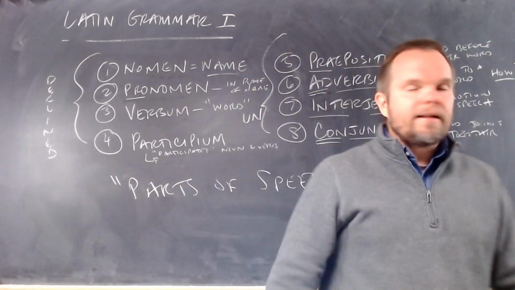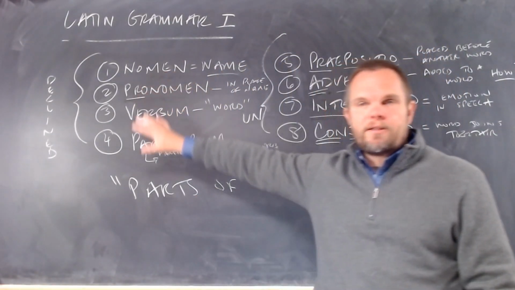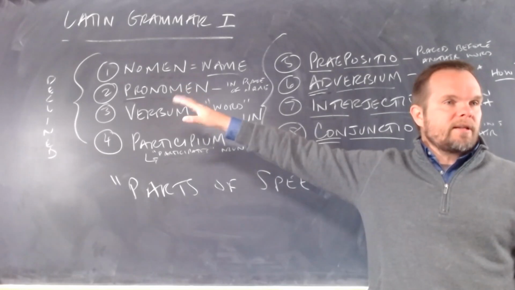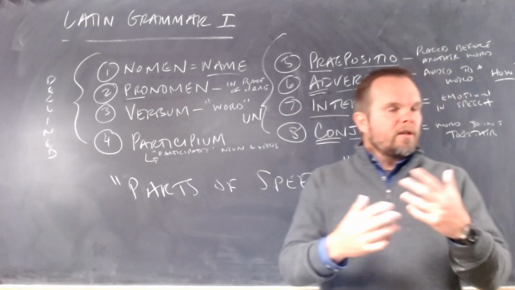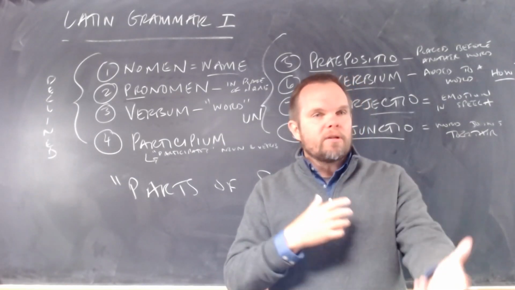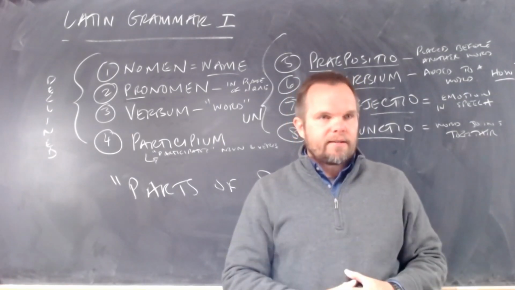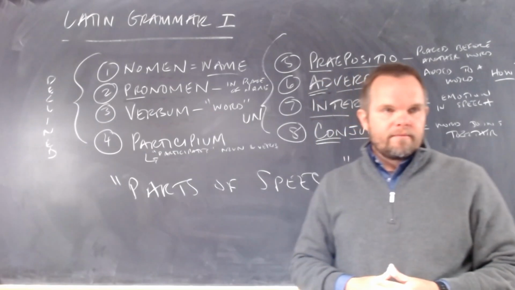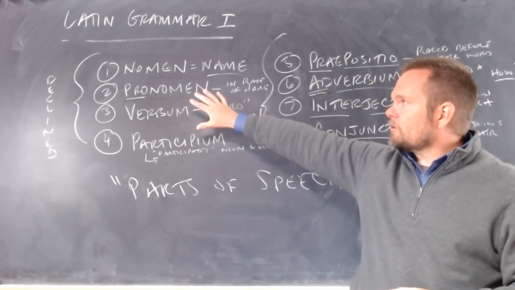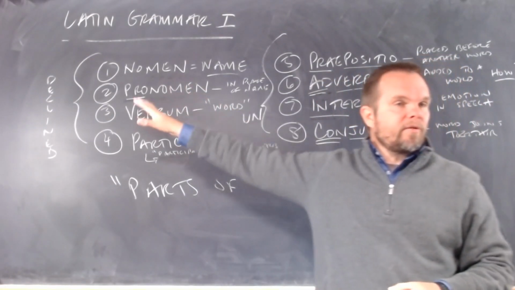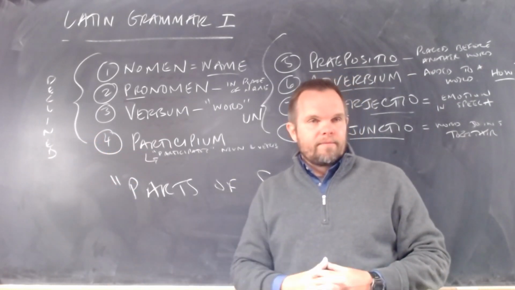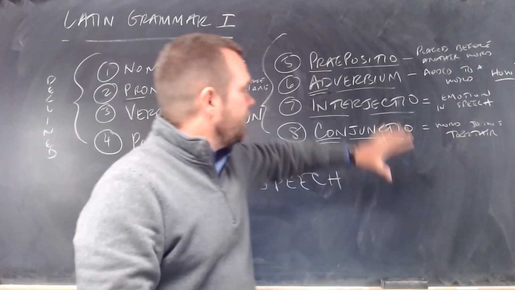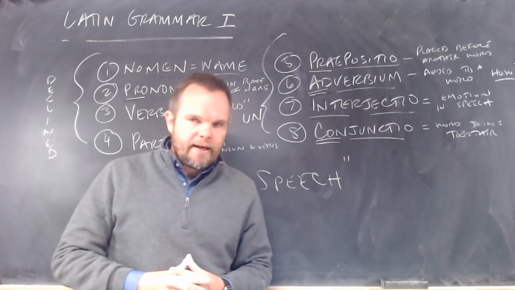And what that means is that these 4 parts of speech, these 4 kinds of words, have different forms, and those different forms allow us to communicate even more complex ideas. These 4 parts of speech have different forms. Okay? These 4 parts of speech do not have different forms.